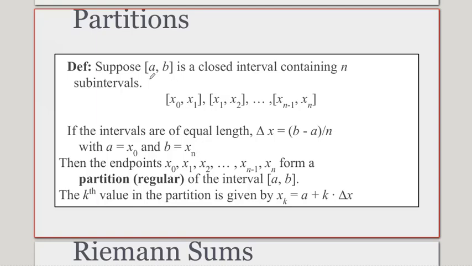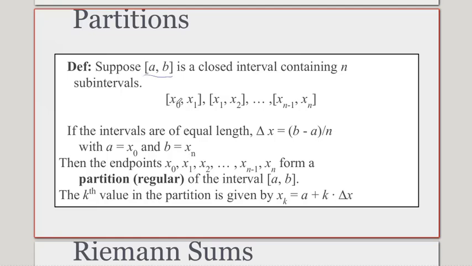The idea is, suppose we wanted to find the area under a curve within some interval a to b. So if a to b is some closed interval, we can break it up into n subintervals. I've got a small interval here, small interval here, small interval here, and if you put these all together, you get the original a to b.